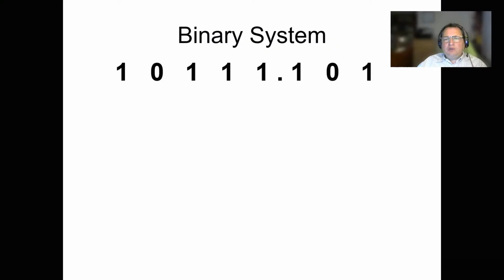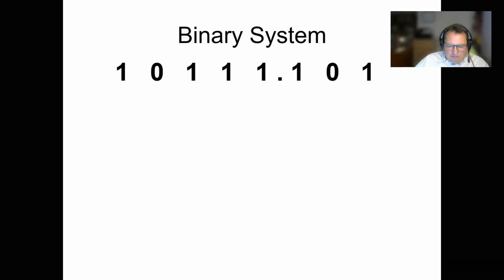So let's have a closer look into the binary system. This is an example of a binary number, 10111.101. This symbol here would technically be called a binary point, not a decimal point, but this is just a small detail. How to read something like that?